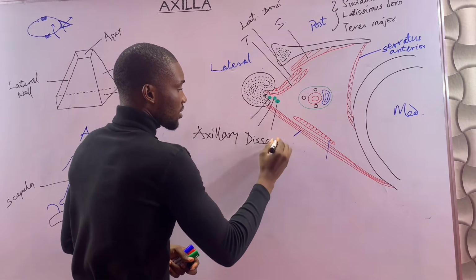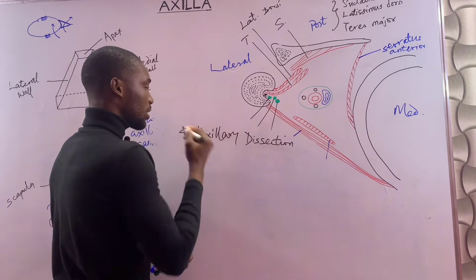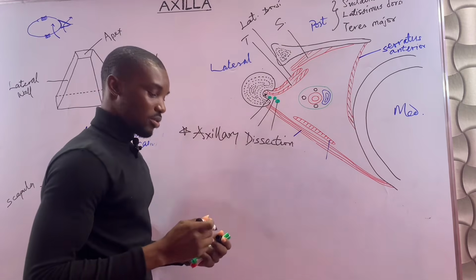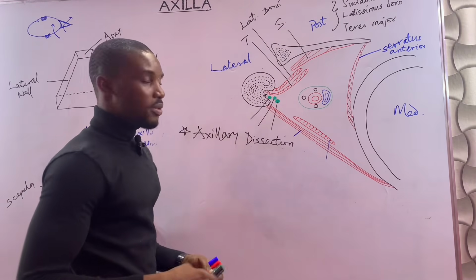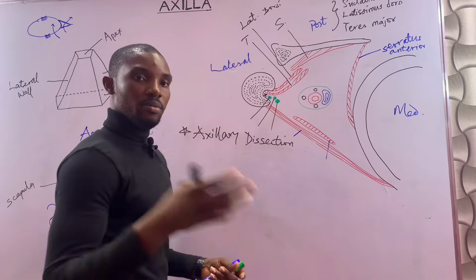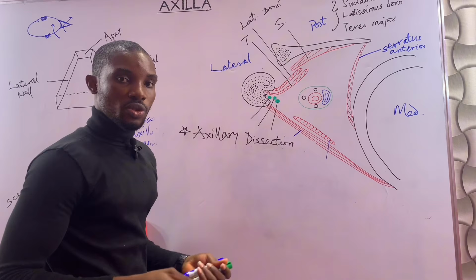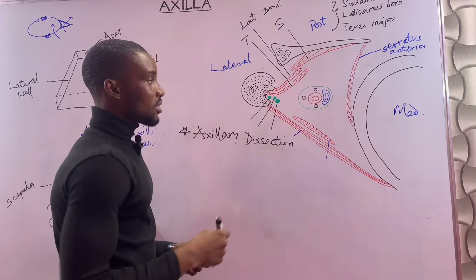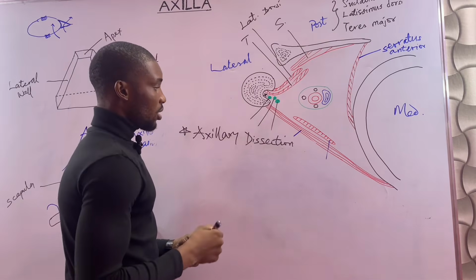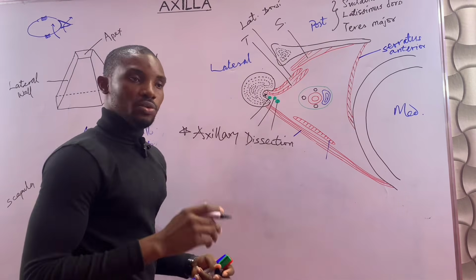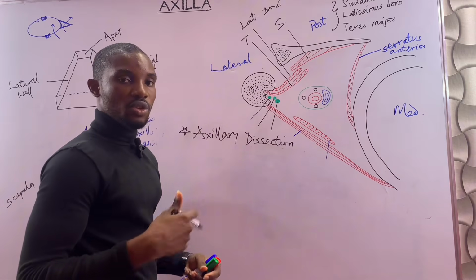If one has a cancer, maybe a breast cancer, breast cancer could move to the axilla through the lymphatic drainage. So when there's a malignancy of the breast, there could be enlargement of the lymph nodes of the axilla. That's the axillary lymph nodes. So the doctor would want to dissect or open up to remove the lymph node and do a biopsy.